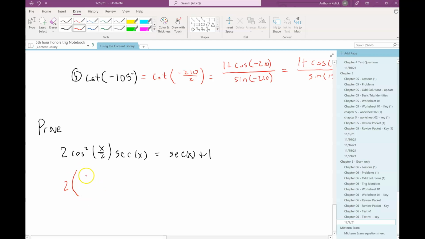So what I'm going to do is I'm just going to use the half angle identity twice. Right? Because cosine squared x over 2 is just like cosine x over 2 times cosine x over 2. So I did the cosine x over 2 squared, right? Is that okay?